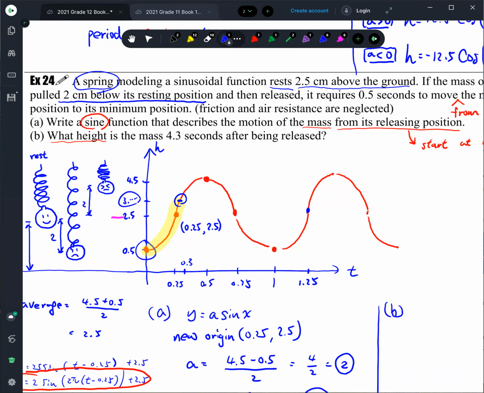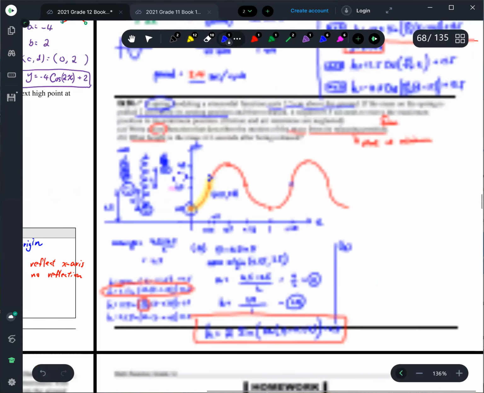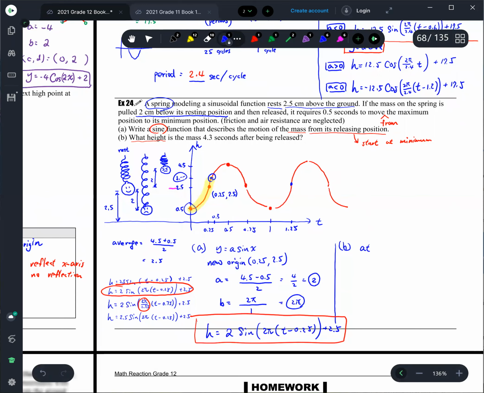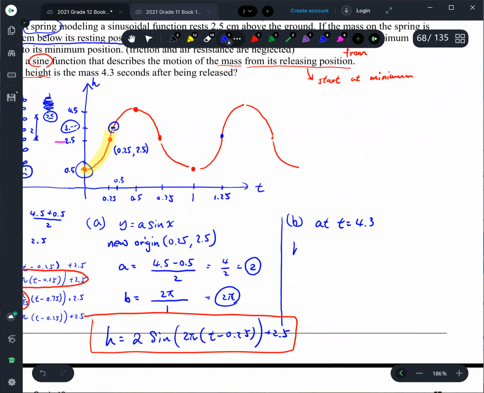All right, so let's try it out. At t equals 4.3 seconds, plug it in. This is a function, so you can write it as a function symbol, H of 4.3. All right, so you'll need a calculator. Everyone please take out your calculator.